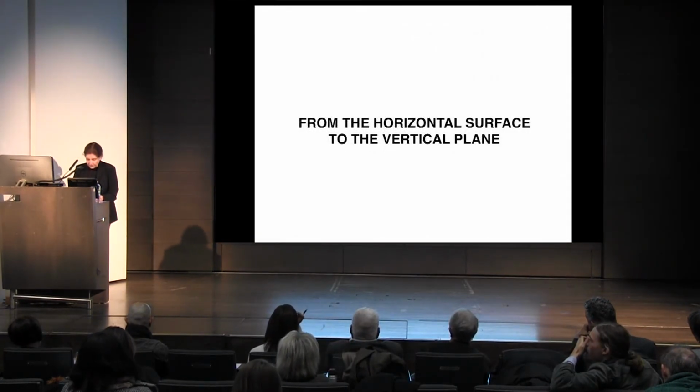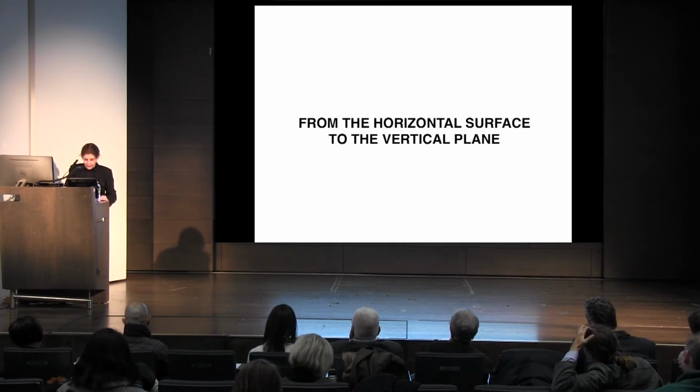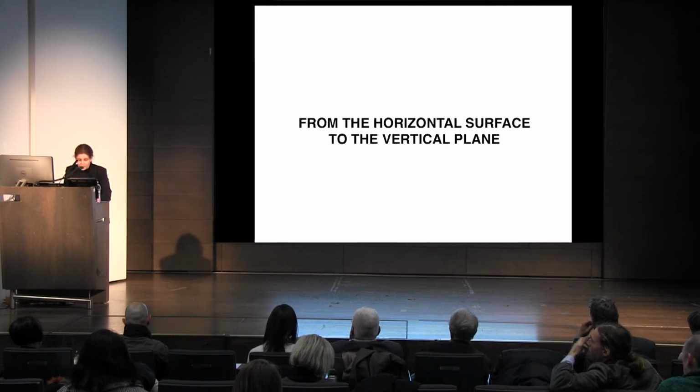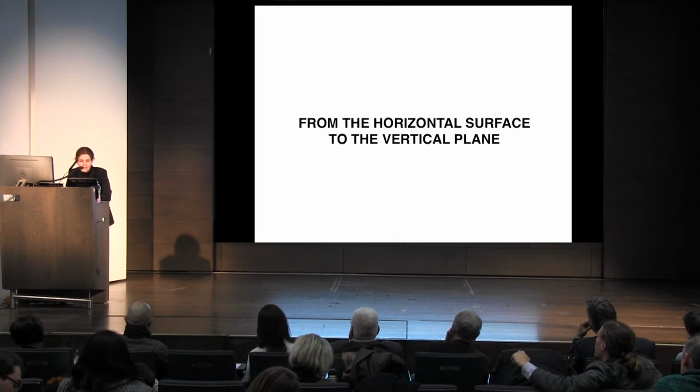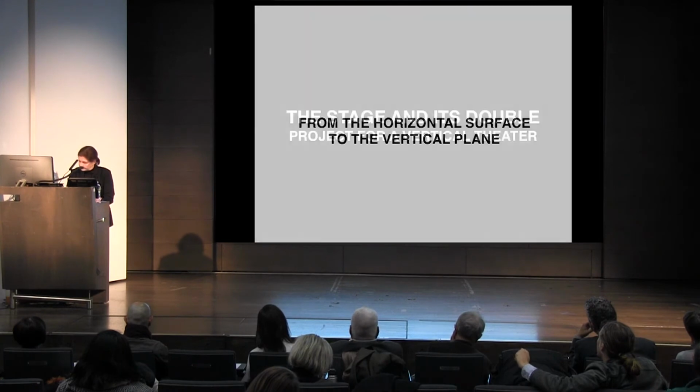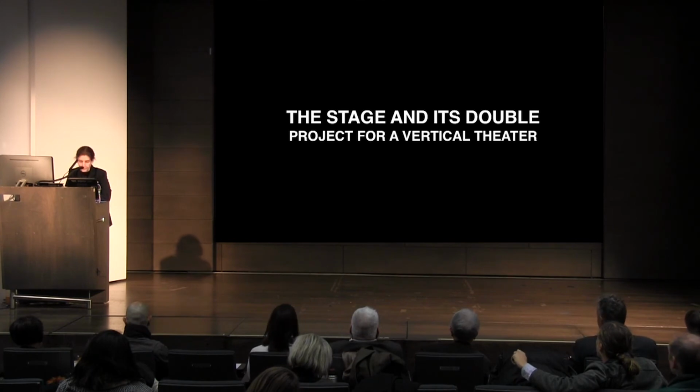From the horizontal surface to the vertical plane. I will now be so immodest as to present a theatrical idea that I came up with here at Cooper Union in 1979-80 as a senior thesis project. It's titled The Stage and Its Double, Project for a Vertical Theater.